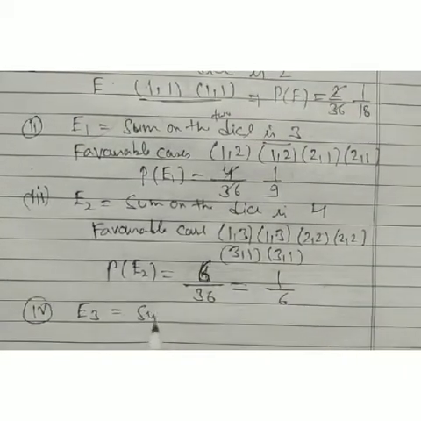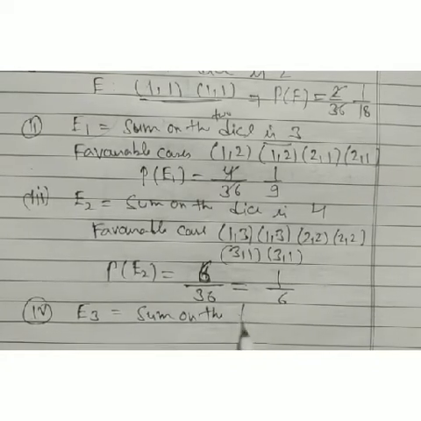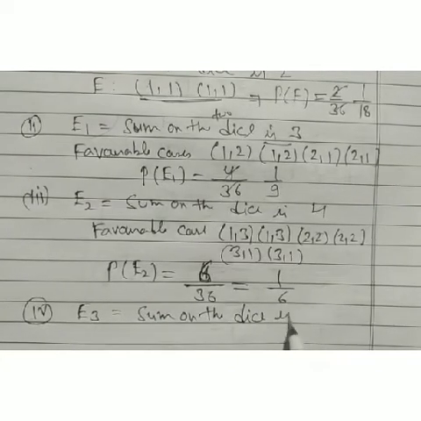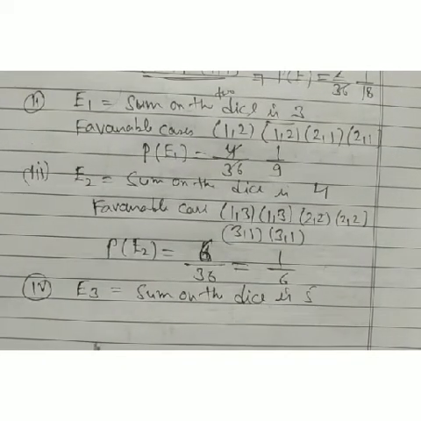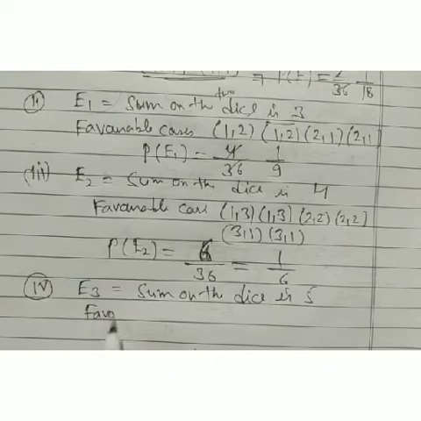Sum on the dice is 5. Then what are the favorable cases when the sum on the dice is 5?